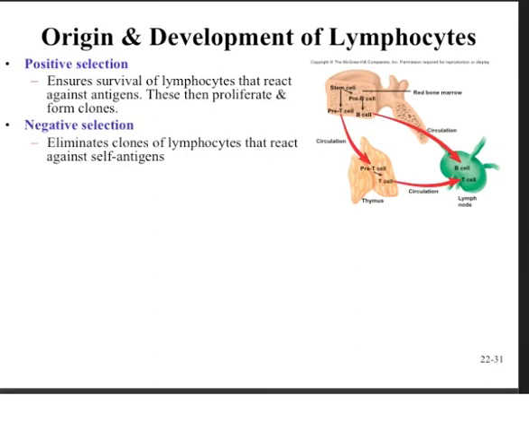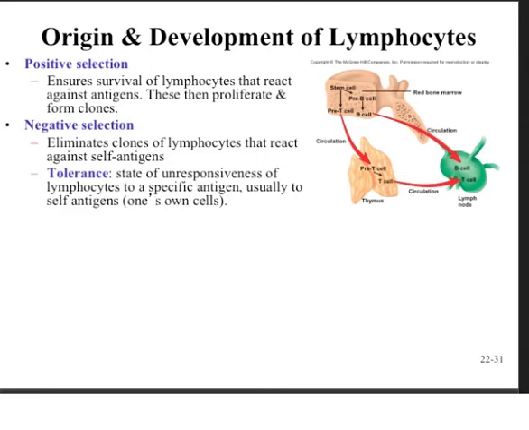Negative selection eliminates clones of lymphocytes that react against self-antigens. And the idea here is that we don't want to retain any lymphocytes that would recognize, bind to, and initiate an attack on our body's own tissues because that would produce damage.